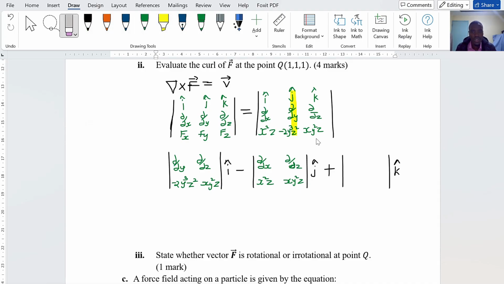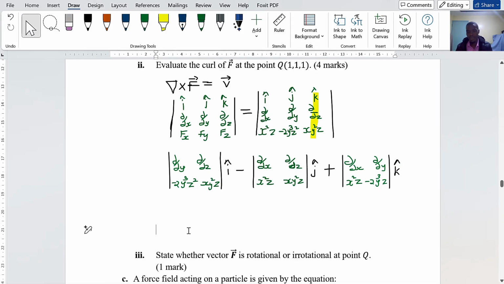Good. Now we go to the last part. We want k, so we delete k. The matrix that we have there is d over dx, d over dy, then x squared z, then negative 2 y cubed z squared.